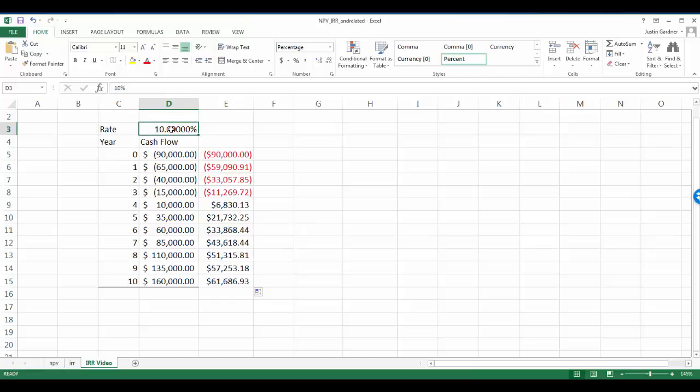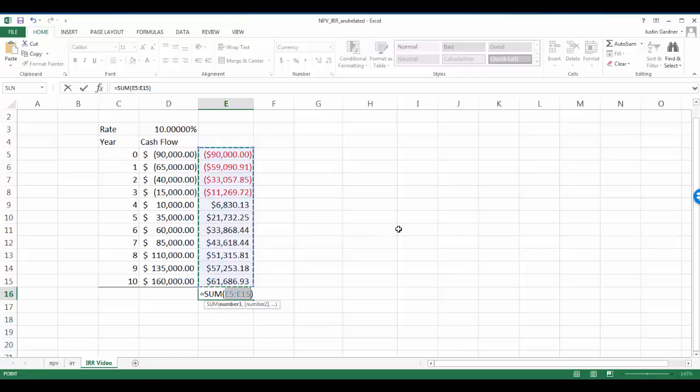Now 10% is a pretty big discount rate, so we see those future cash flows not being worth much. Let's do a little bit of formatting, and let's total those numbers up. There we go, hit enter using the auto sum function, and we get $82,000.